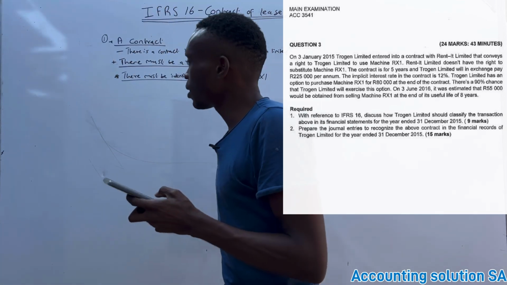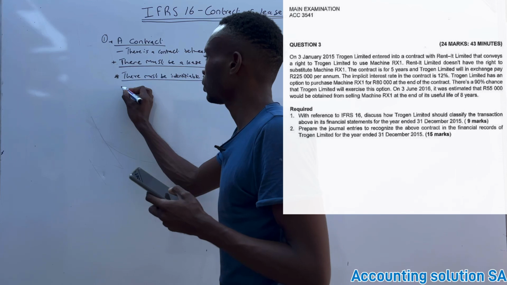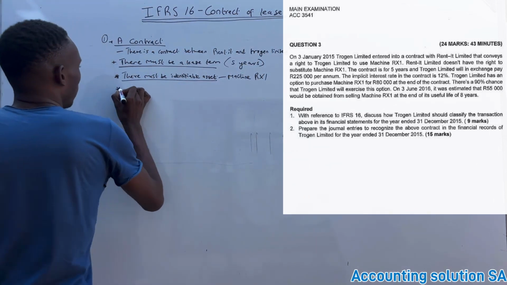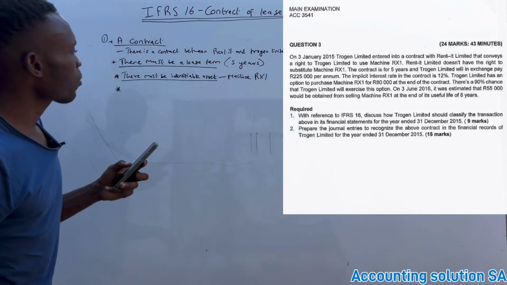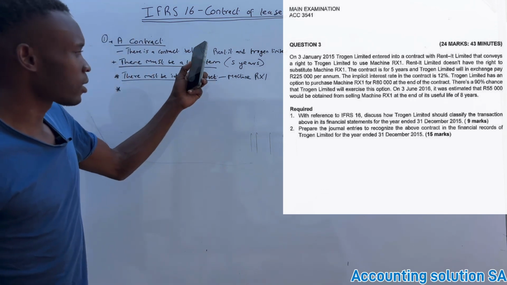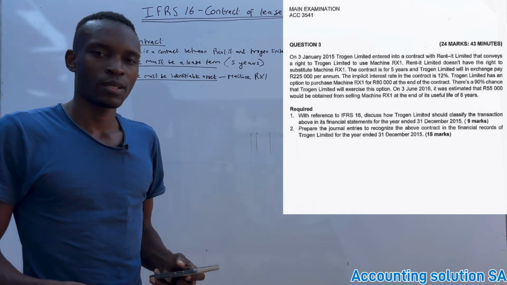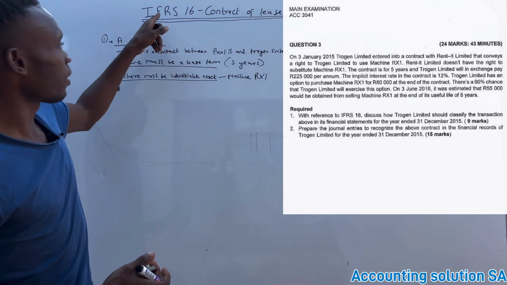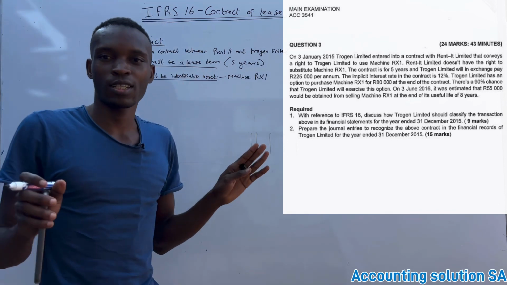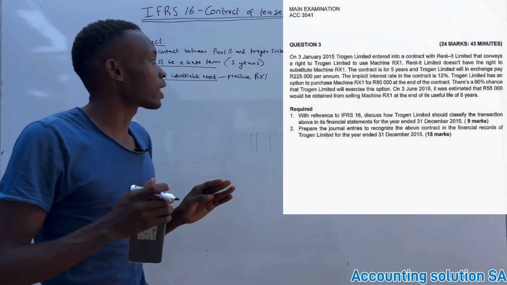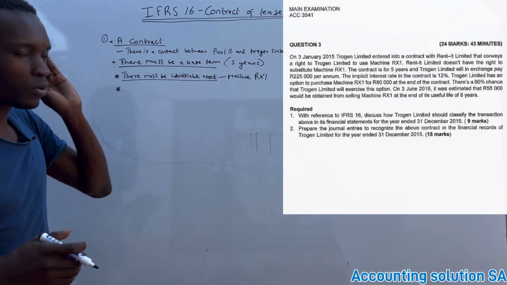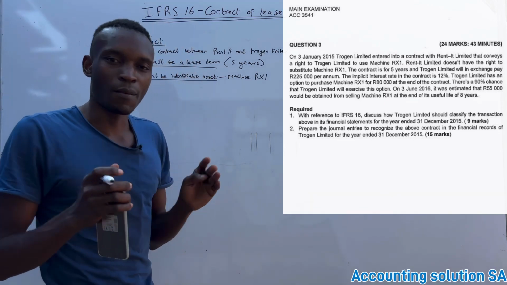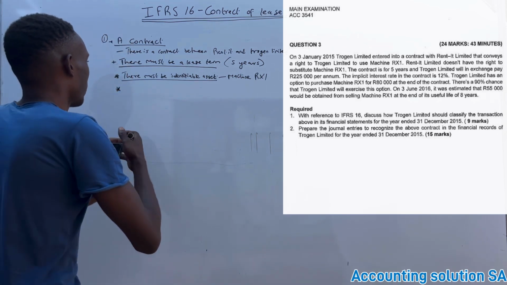Okay, then another one, if we are talking about a lease contract, there must be some payment. You can't give it for free. Otherwise, if you are giving it for free, it's not IFRS 16. It's some donation and you need to check another standard, not IFRS 16. When we talk about IFRS 16, there must be a payment.